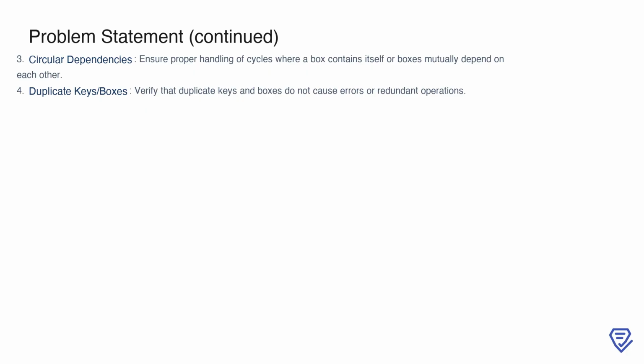The algorithm must handle such cycles without causing errors. Additionally, duplicate keys or boxes may appear, and the solution must ensure that this redundancy does not lead to unnecessary operations or incorrect results. These considerations ensure the solution is robust and handles all possible edge cases effectively.